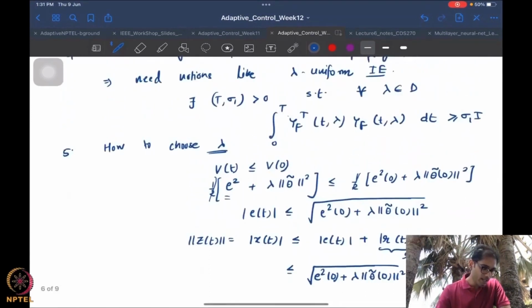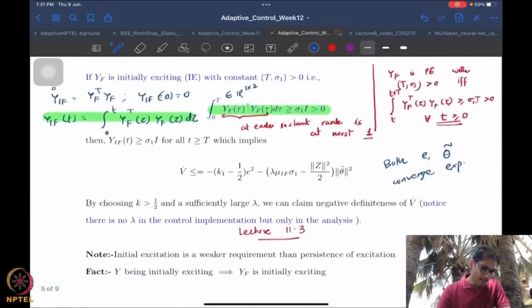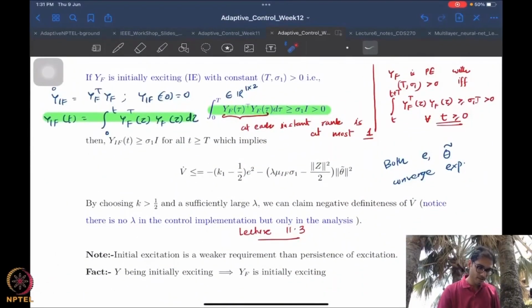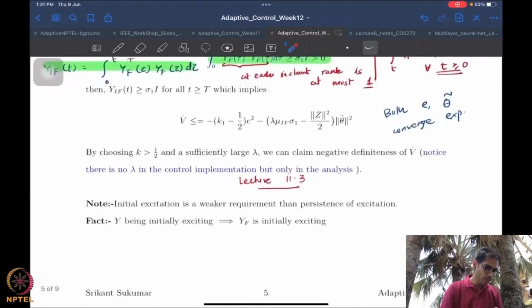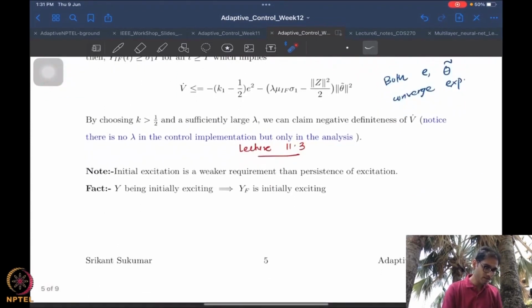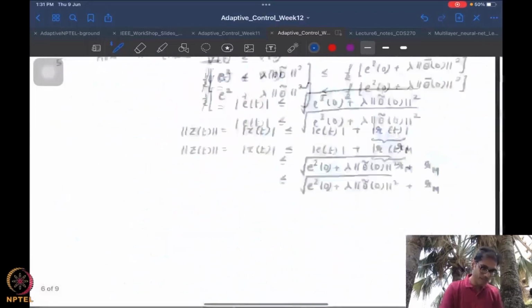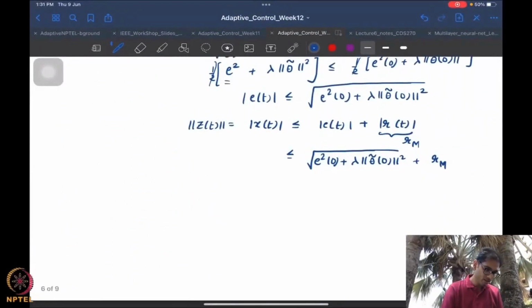And now what do I need? I need my lambda to dominate this, right? This is the interesting thing here. And now see this, what do I need?